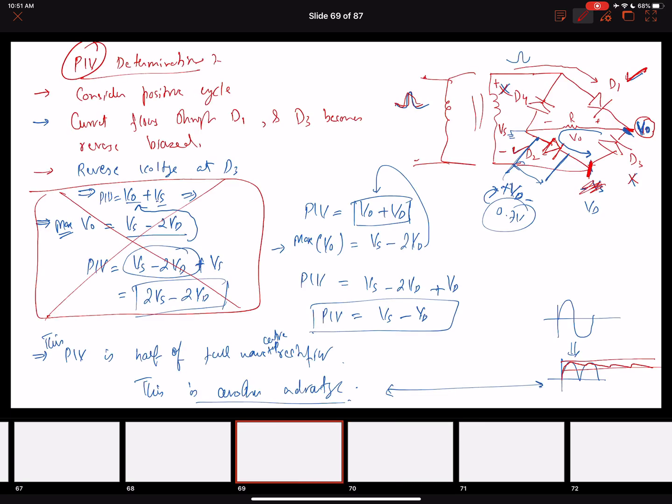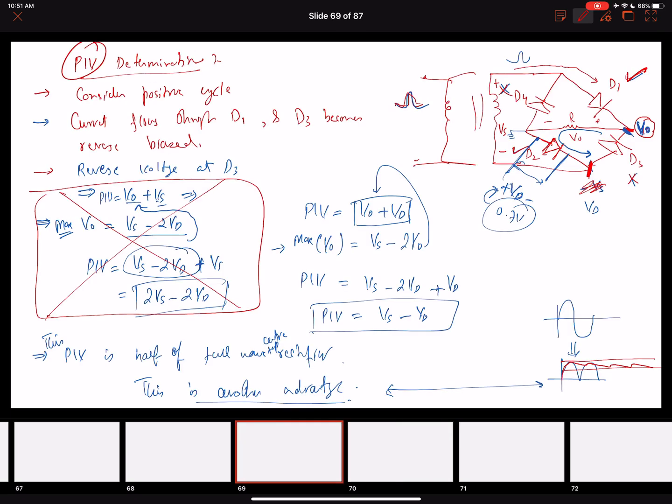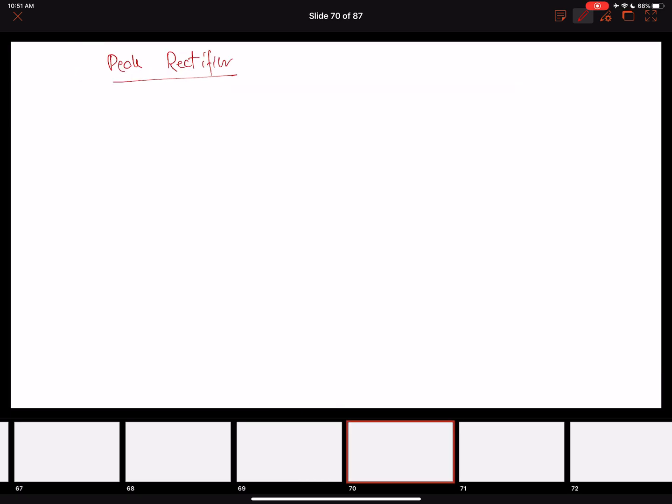Right now we have done a half wave rectifier and a full wave rectifier, and the next thing is the peak rectifier. It rectifies the variations in the peak voltage, and we can achieve that using a simple capacitor.